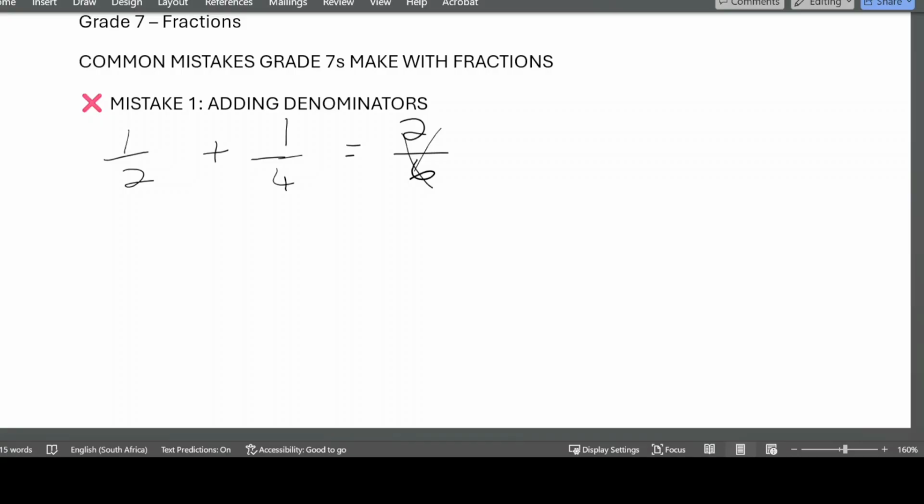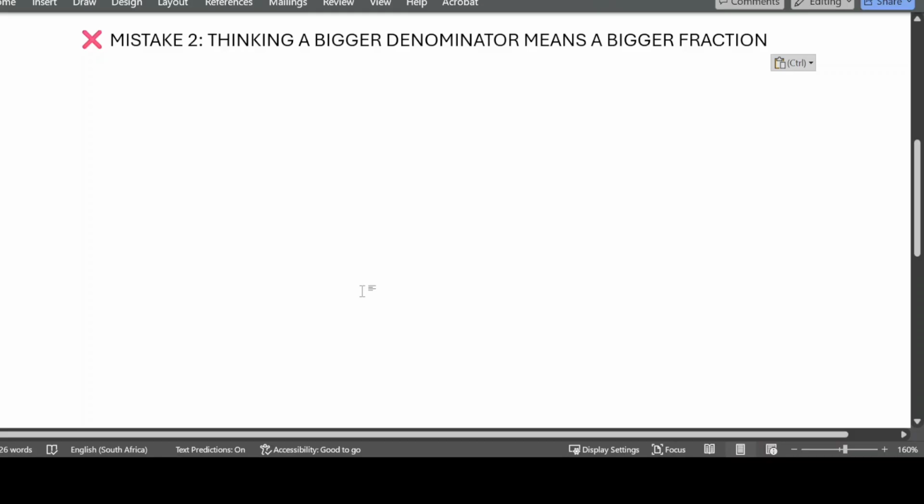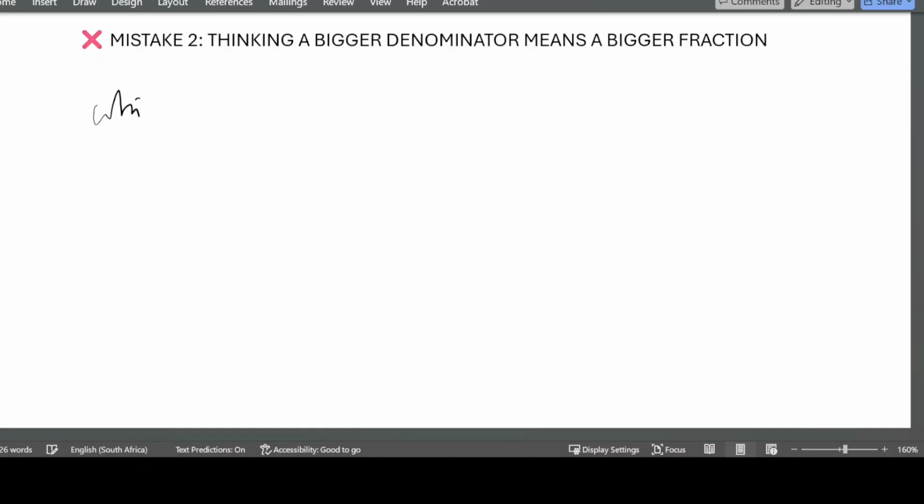Mistake number 2 is thinking a bigger denominator means a bigger fraction. Now here, which is bigger? Is it 1 over 4 or 1 over 8?